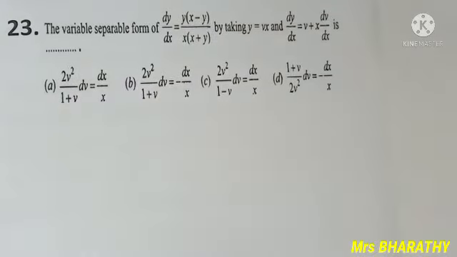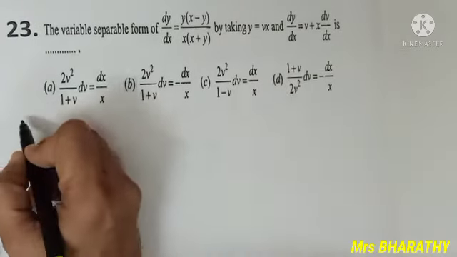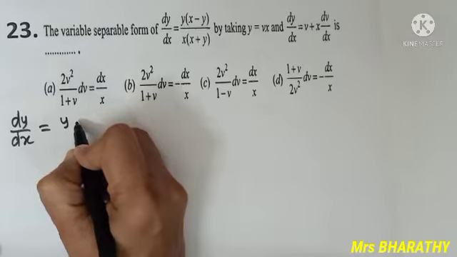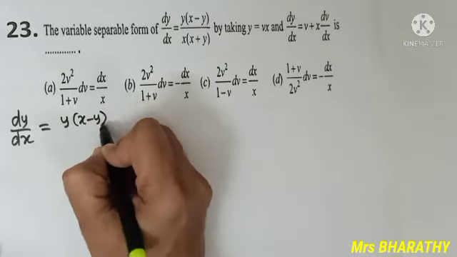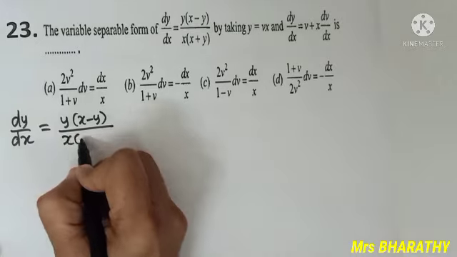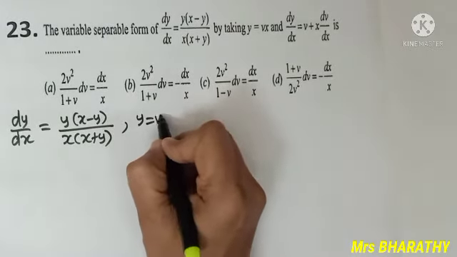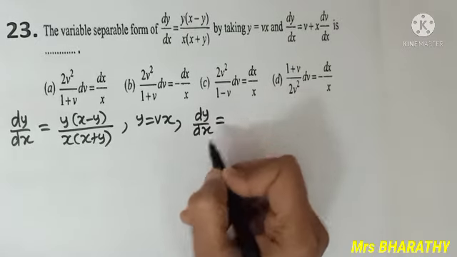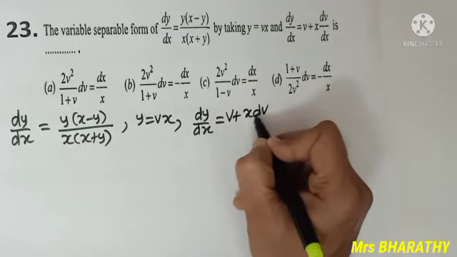Question number 23. Variable separable form of a particular equation given dy by dx equals y into x minus y, denominator x into x plus y. As I put y is equal to vx, y becomes dy by dx, RHS v plus x dv by dx.